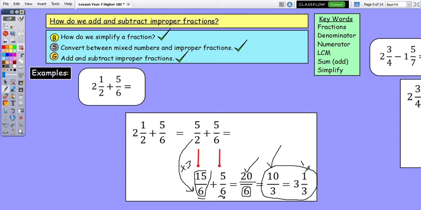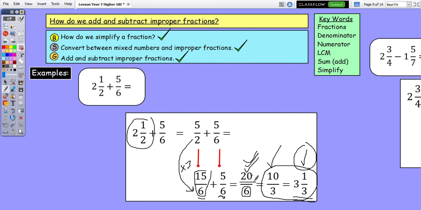So this thing here is the preferred answer. This is the correct answer. Good stuff, well done. But this is the preferred answer because that is a mixed number. I'd like the answer as a mixed number. However, this one is still correct.